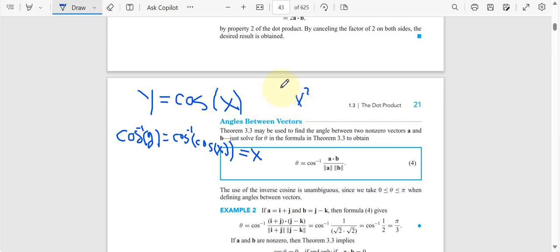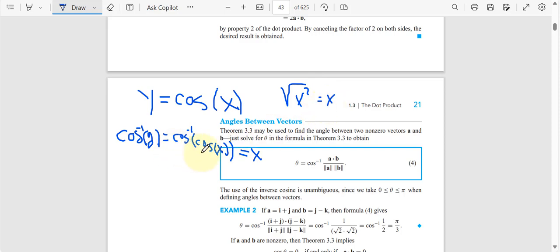Obviously, I can take the square root. So squaring and taking the square root are inverse functions of each other. Same thing here: cosine and inverse cosine are inverses of each other because when you do them both together, you just did nothing. That's what the inverse cosine means.